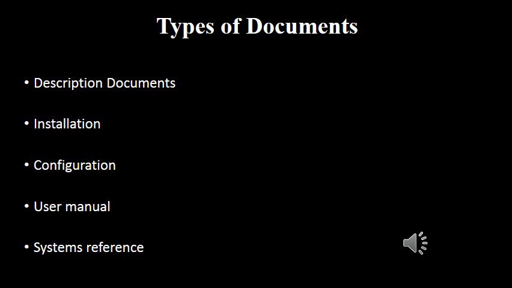There is a description of which services are available in these organizations, and how to use these services in an effective manner. These are the documents related to the system reference. So these are all the important 5 types of documents. Let us conclude today's discussion with these words. Thank you to all.